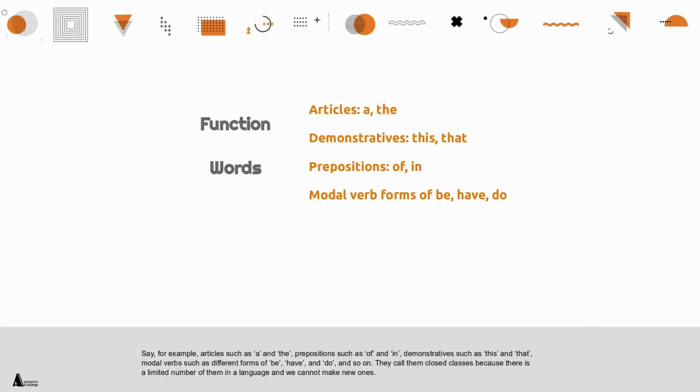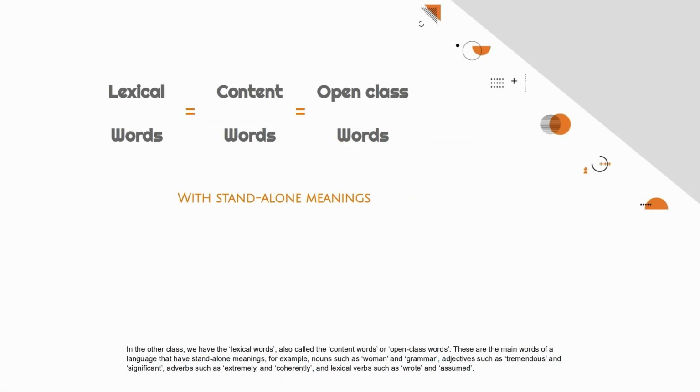Say, for example, articles such as a and the, prepositions such as of and in, demonstratives such as this and that, modal verbs such as different forms of be, have, and do, and so on. They call them closed classes because there's a limited number of them in a language and we cannot make new ones.